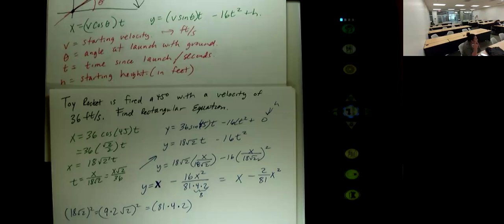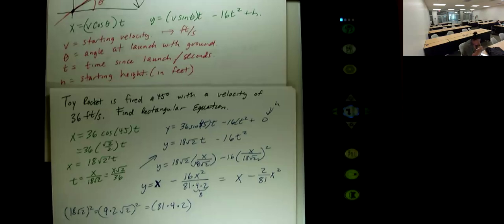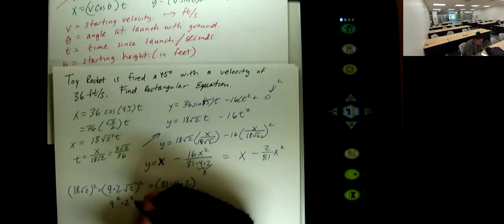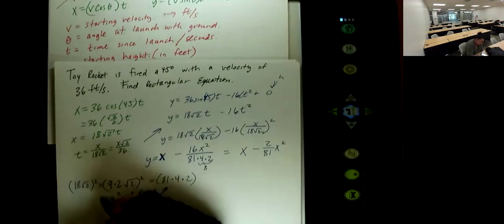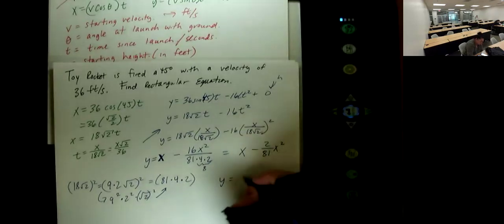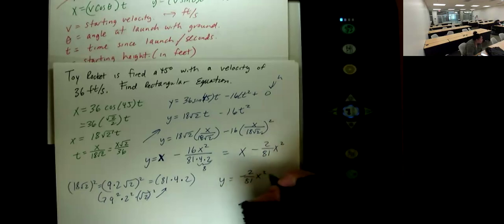Did I mess that up? Let's see, 18 √2 squared is 648, and then 81 times 4 times 2 is also 648, so that's correct. 9 squared times 2 squared times √2 squared. So y equals that. I put the squared part first, I get that.